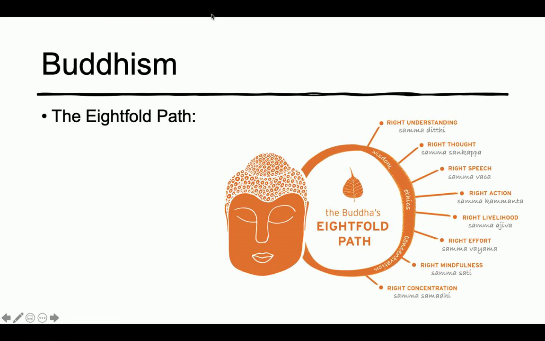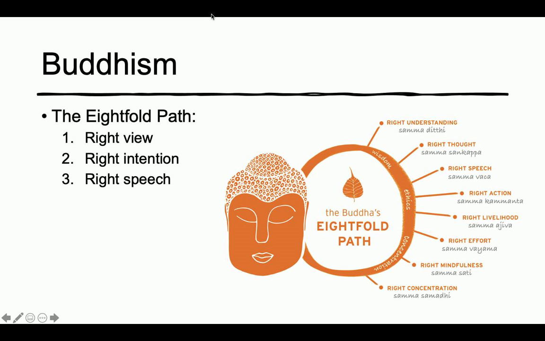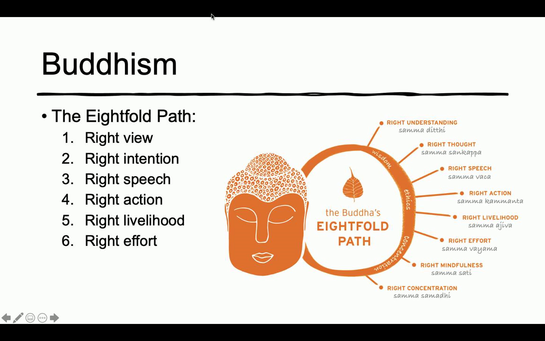The Eightfold Path consists of the right view, right intention, right speech, right action, right livelihood, right effort, right mindfulness, and right meditation.